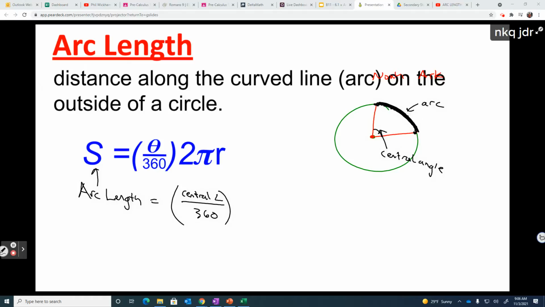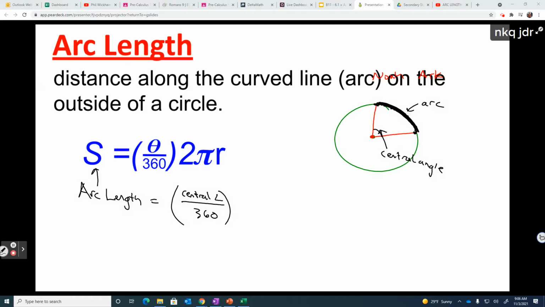And then what is 2 pi r? This is actually another formula, 2 pi r. Circumference. Circumference is around the outside. So we're just taking a portion of the circle. There's 360 total, so we're just taking a fraction of that, however much our angle is, times the total length around.